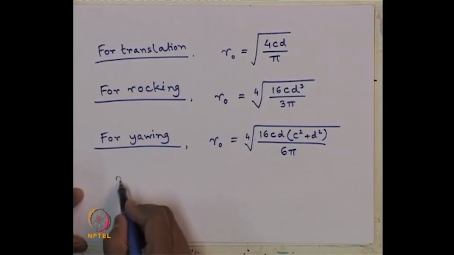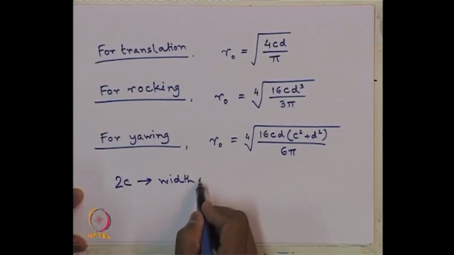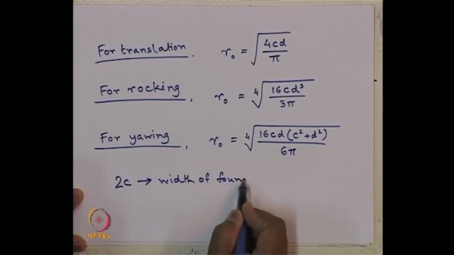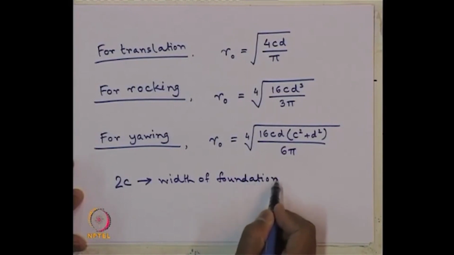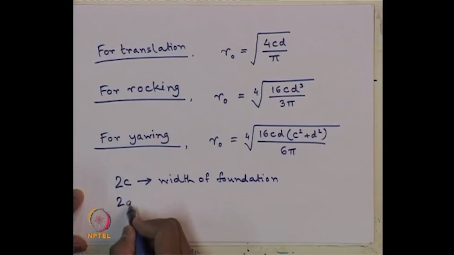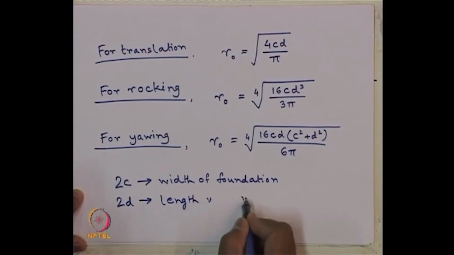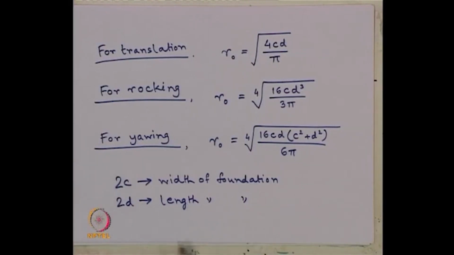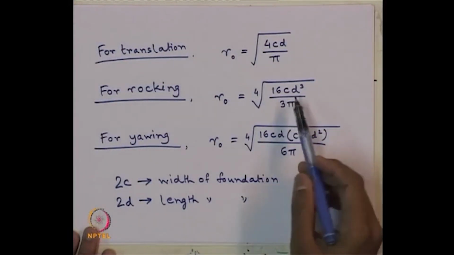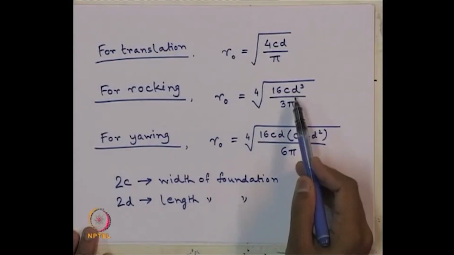What are the C and D? 2C is the width of foundation, along the axis of rotation for the case of rocking, and 2D is length of foundation in the plane of rotation for rocking. So, when it is pitching, what will happen? C and D will interchange. In that case, it will be C cube D.